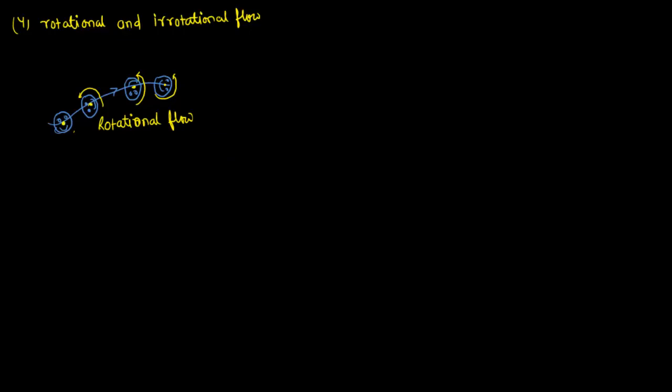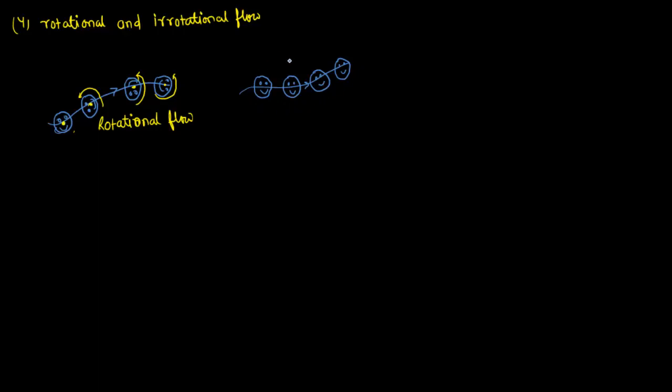So what is irrotational flow? Obviously, when the particles are moving along a line, they are not rotating about their own center of mass. This is our particle, it is here in this position. Okay, next position, this one. They are not rotating about their own center of mass when they are moving along the line.